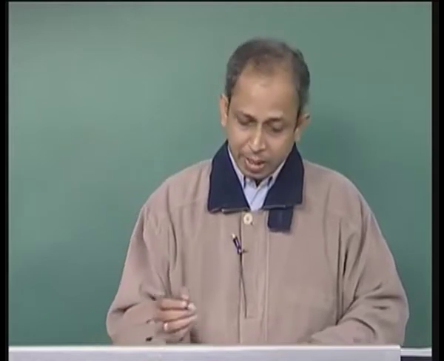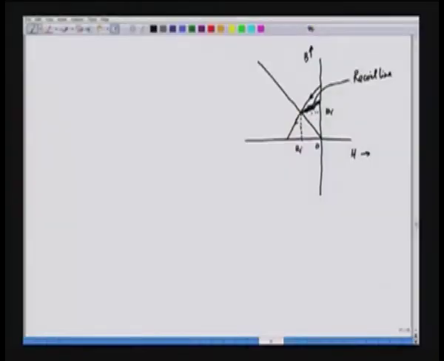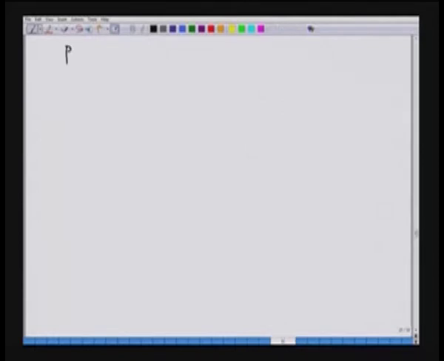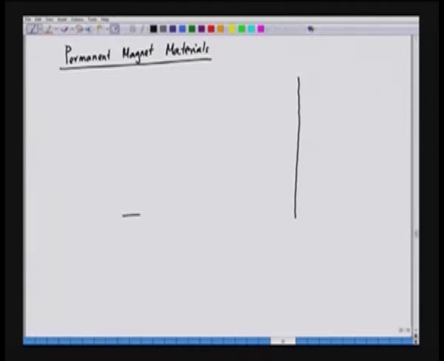We will see that permanent magnet material, and we can understand their behavior from the second quadrant of the BH characteristic.